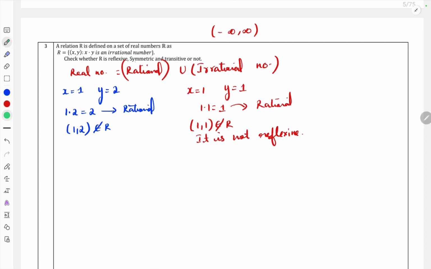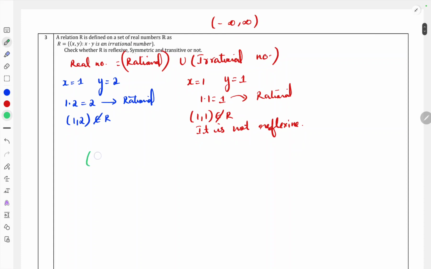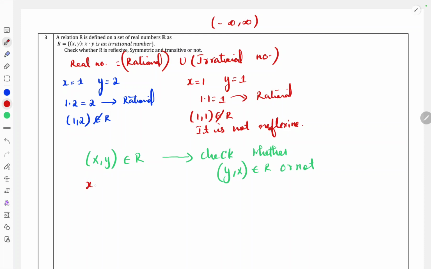Next, symmetric. Symmetric is nothing but I have to take (x, y) belonging to the relation, and next I have to check whether (y, x) belongs to the relation or not. So this part we have to check. If (x, y) belongs to the relation, it means x into y is irrational.